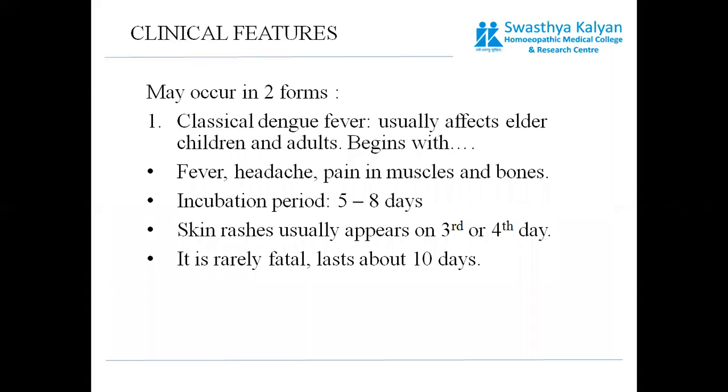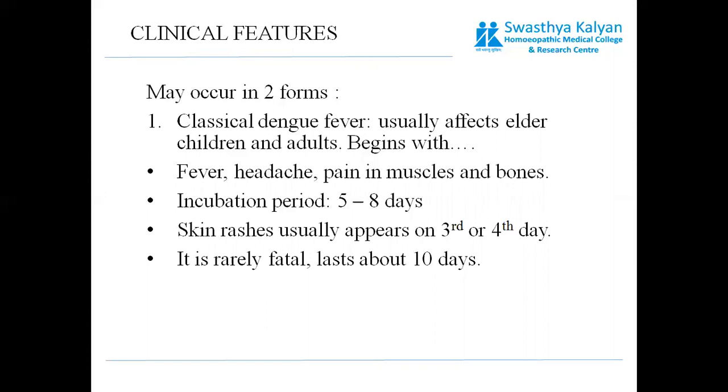Now, discussing its clinical features. The clinical features occur in two forms. The first one is the classical dengue fever, which usually affects the elderly, children, and adults. It is very uncommon in children below 10 years of age.